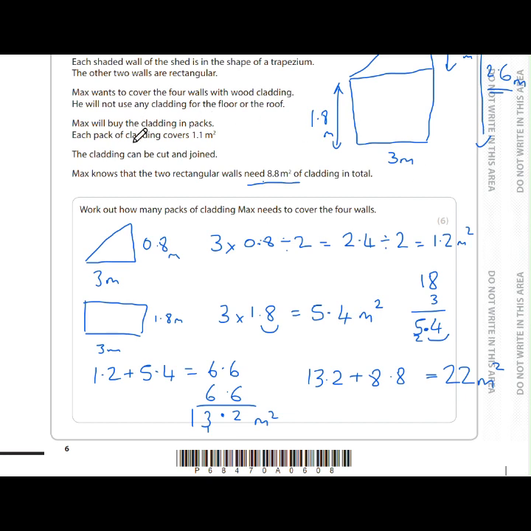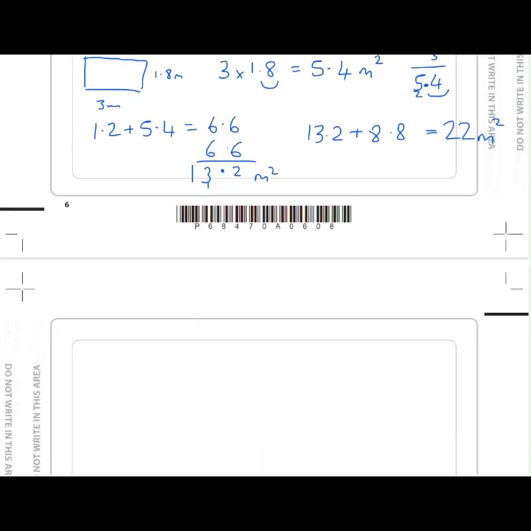So we know that each pack of cladding covers 1.1 meters squared. So there's a couple of ways that we could approach this. We could either say that we're going to go 22 divided by 1.1, which I would then write as a little fraction to help me, and I would times it by 10 on the bottom and times it by 10 up top.